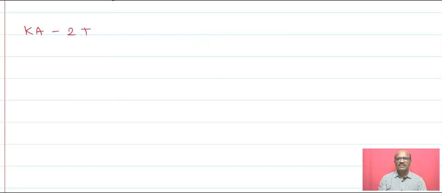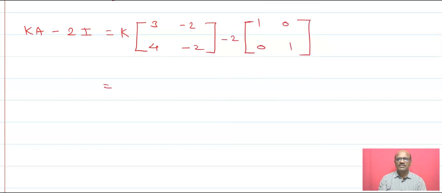Now kA minus 2I, that is k times [3, -2; 4, -2] minus 2 times [1, 0; 0, 1].